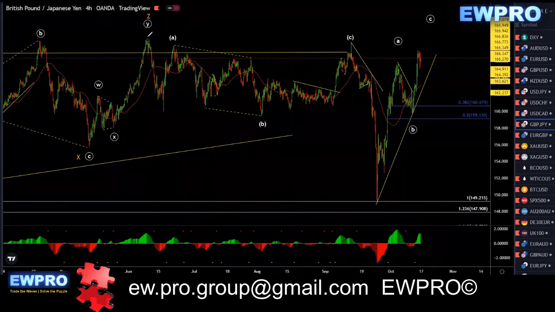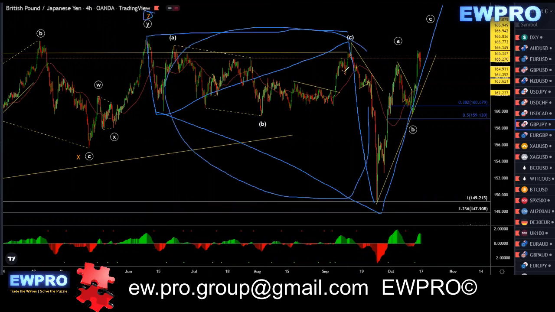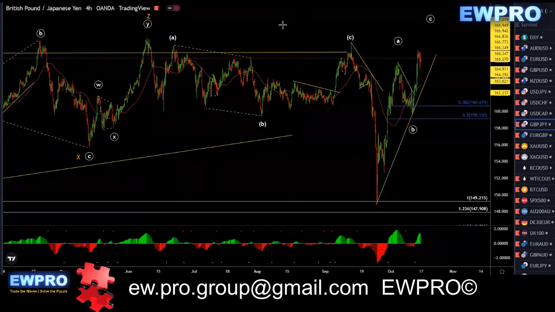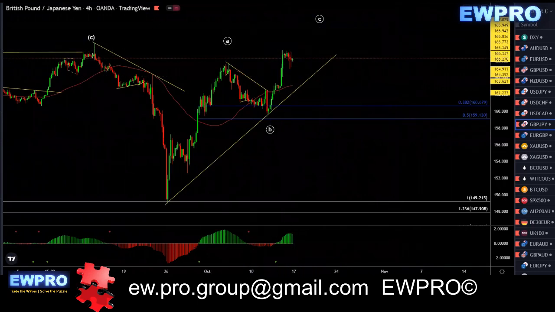We got an A, B, C in here on the daily, and then we're getting this one up after that wave Z. We got the larger correction, and we're getting more upside. This may turn motive. This is still looking rather bullish up here.